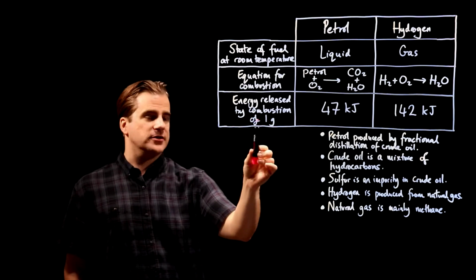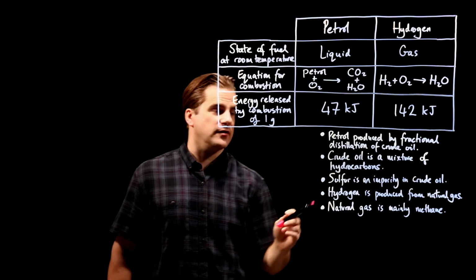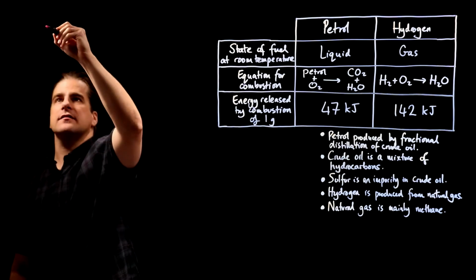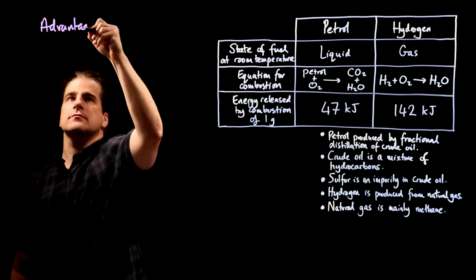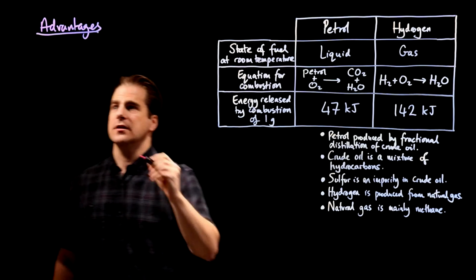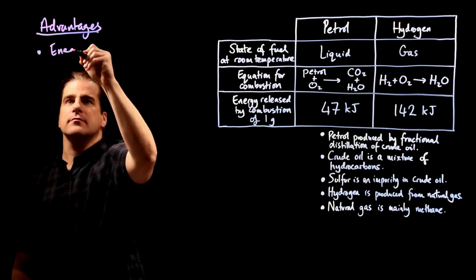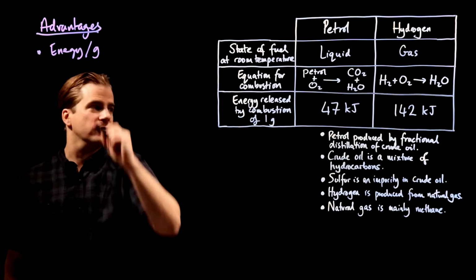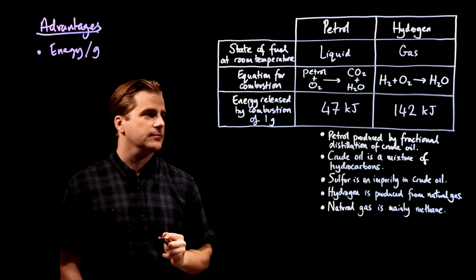Energy released by combustion of 1 gram. It's quite simply more for hydrogen, so that's an advantage. So let's have advantages of using hydrogen over petrol. So, more energy per gram released, 142 instead of 47, okay?